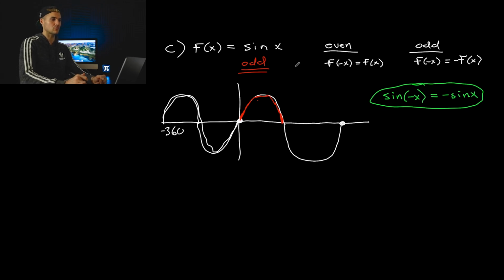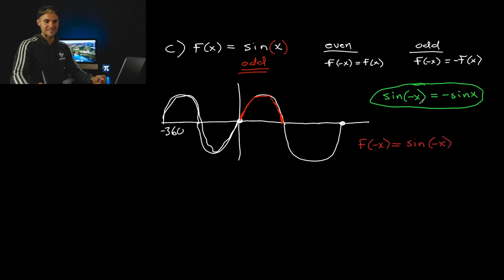And so if we went through the process, if f of x equals sine x, well, f of negative x would be, we would plug in negative x for the x value, so we'd have sine of negative x.